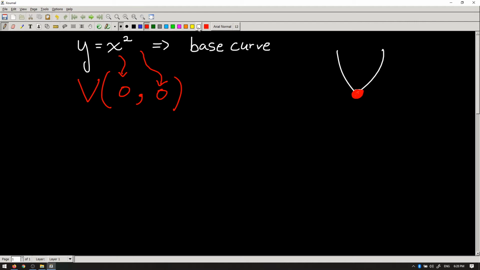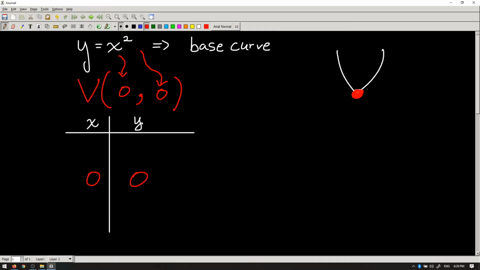Now, it is also, therefore, in the middle of the parabola. So what I'm going to do is build a table with that vertex in the very middle. So I'm going to write out x, y, and (0, 0) is going to be in the very middle of the table.